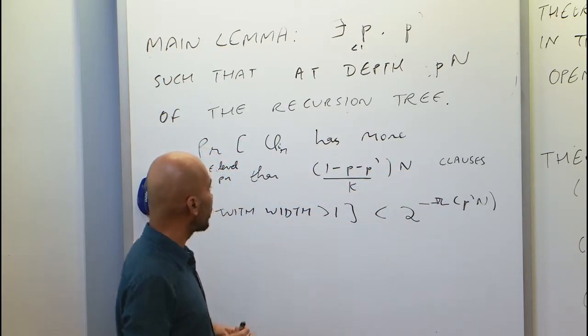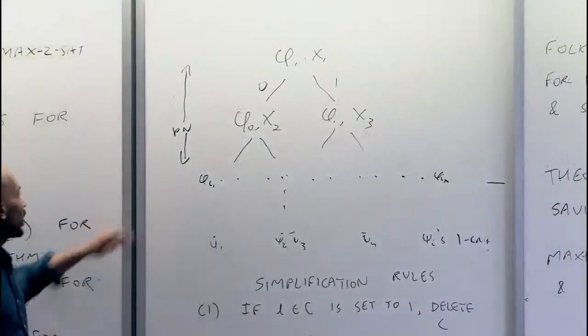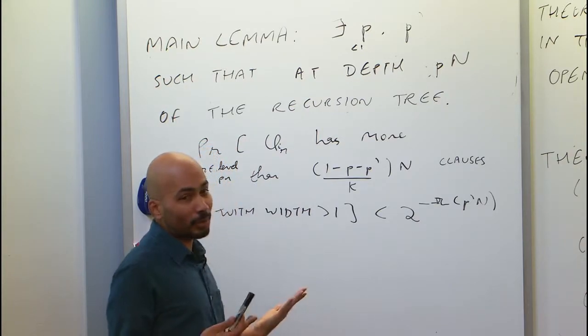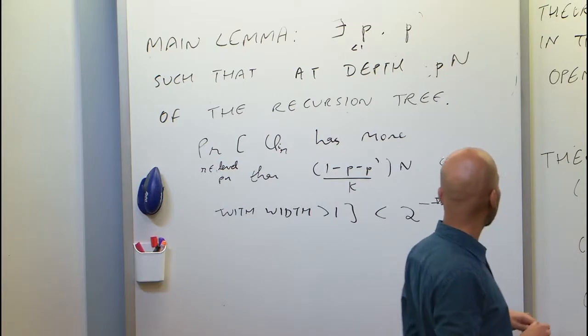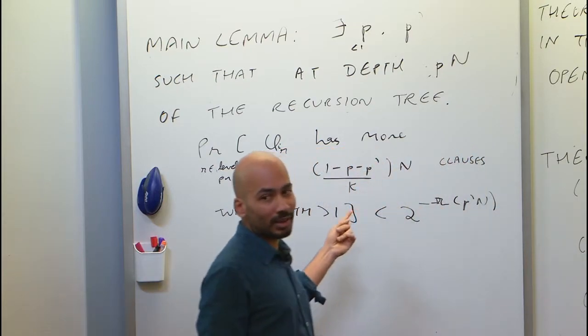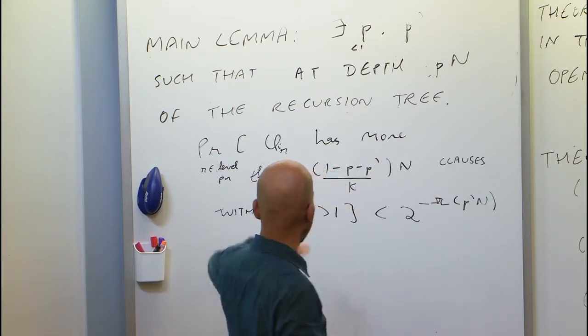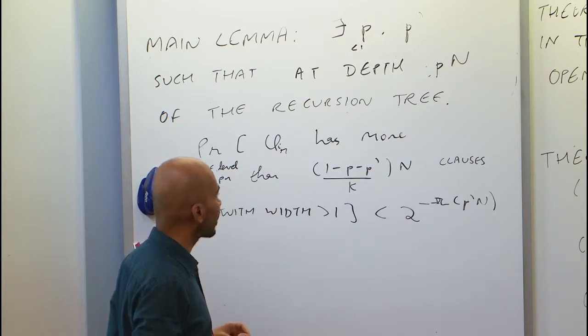So the total number of variables you would have branched on, well, p times n to start off with, and then 1 minus p prime times n here. So there'll still be p prime times n variables left, which essentially you're saving. That's the savings of the algorithm. So in either case, you're saving p prime times n. And by setting p prime equals 1 over c squared k squared, and setting p appropriately, you get the result that Sakai, Seto, and Tamaki have.